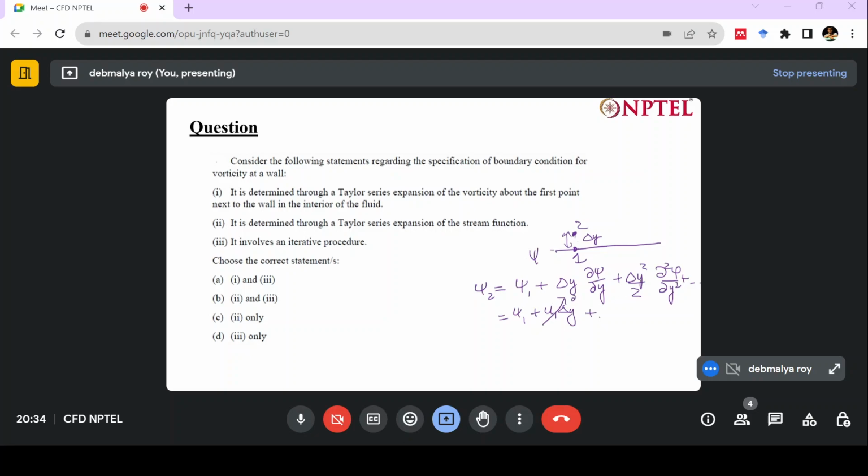What about the second term? The second term is nothing but del u del y at point 1, multiplied by delta y square.